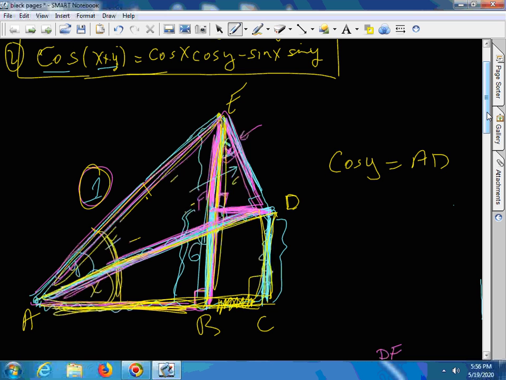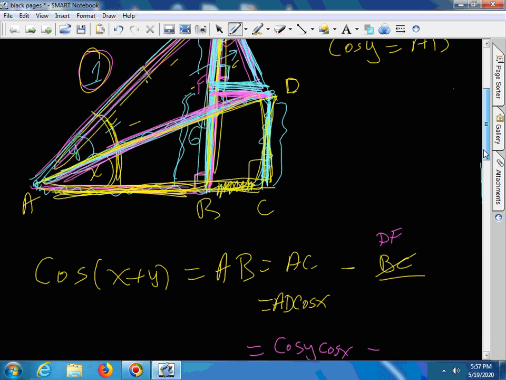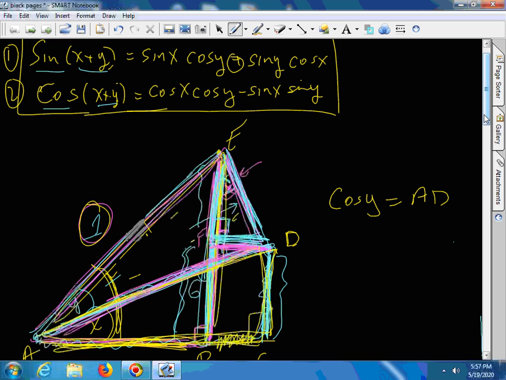And DF is in this blue triangle. Right there, DEF. Here is the right angle. Now, DF is the opposite of x.